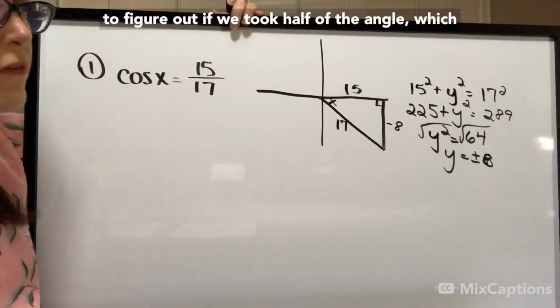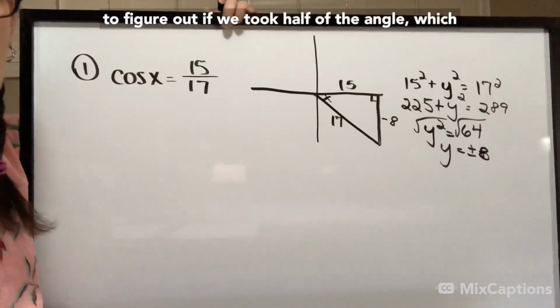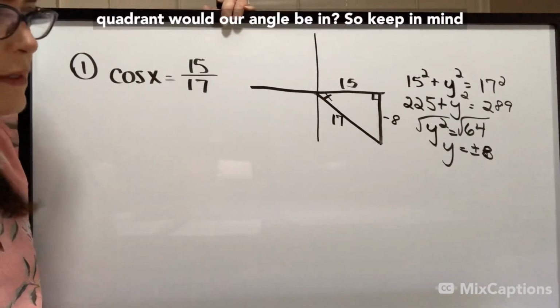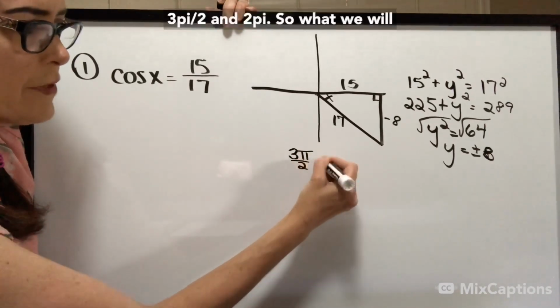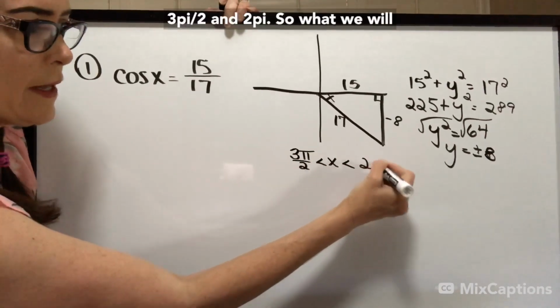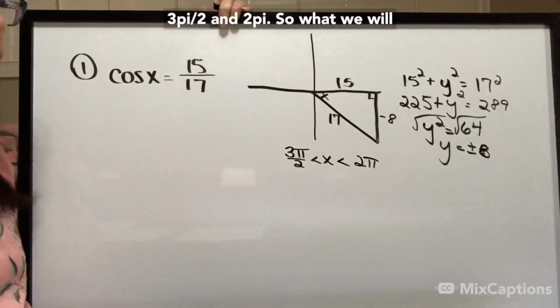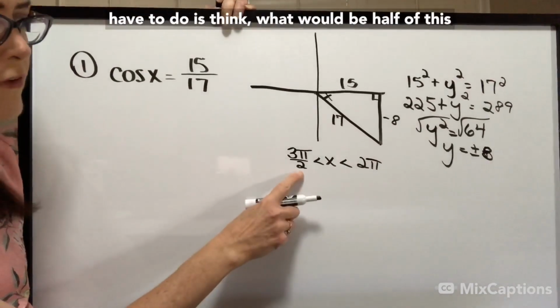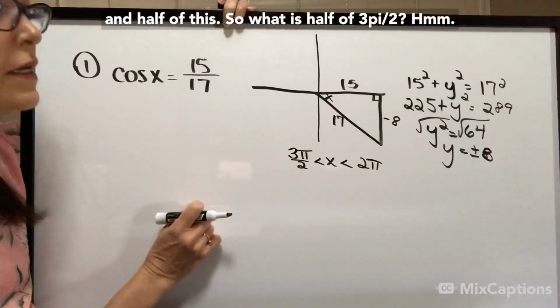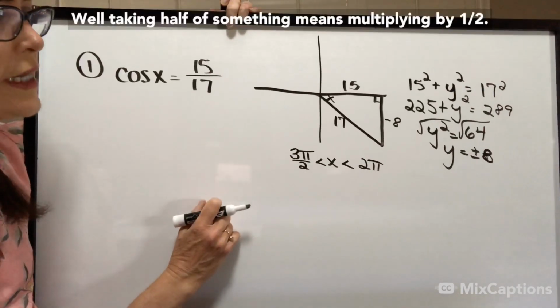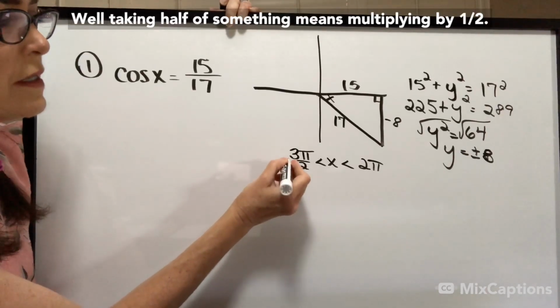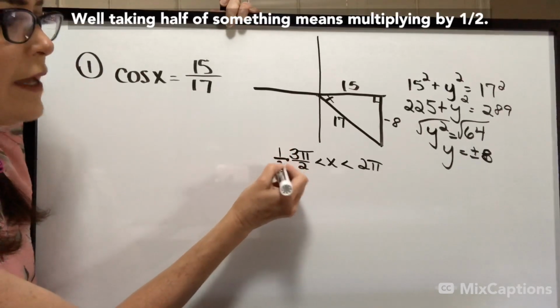So we have to figure out if we took half of the angle, which quadrant would our angle be in? The original angle was somewhere in between 3 pi over 2 and 2 pi. So we have to think what would be half of this and half of this. What is half of 3 pi over 2? Taking half of something means multiplying by a half.